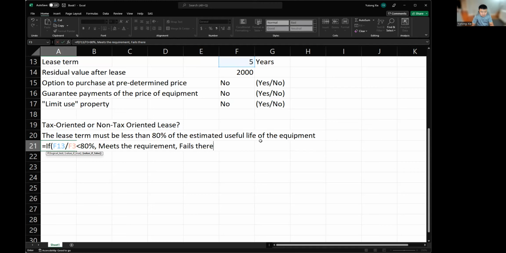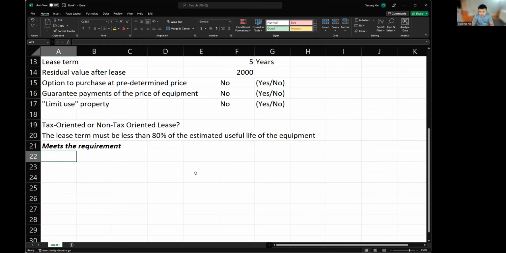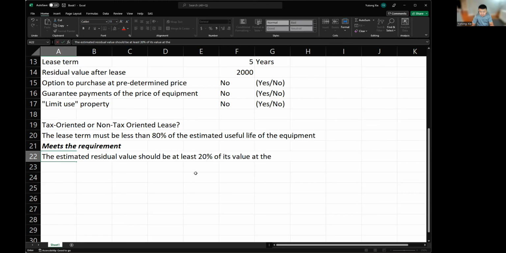Okay, so I need quotes. Okay, so it meets the requirement. I'm going to format this a little bit. And then the next one says the estimated residual value should be at least 20% of its value at the start of the lease.